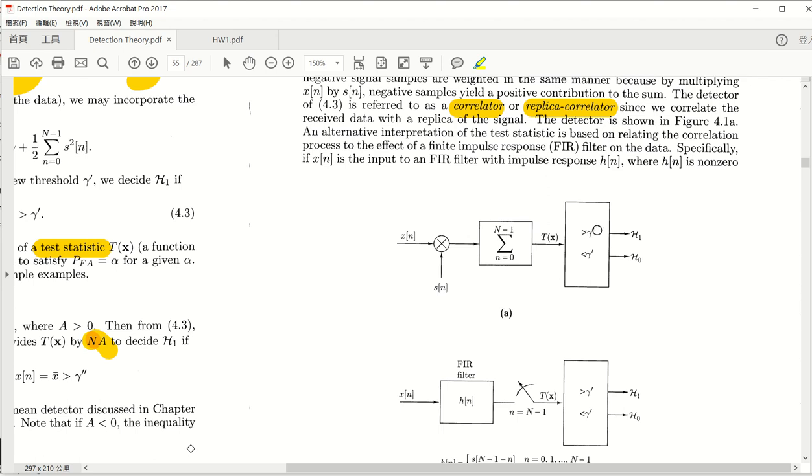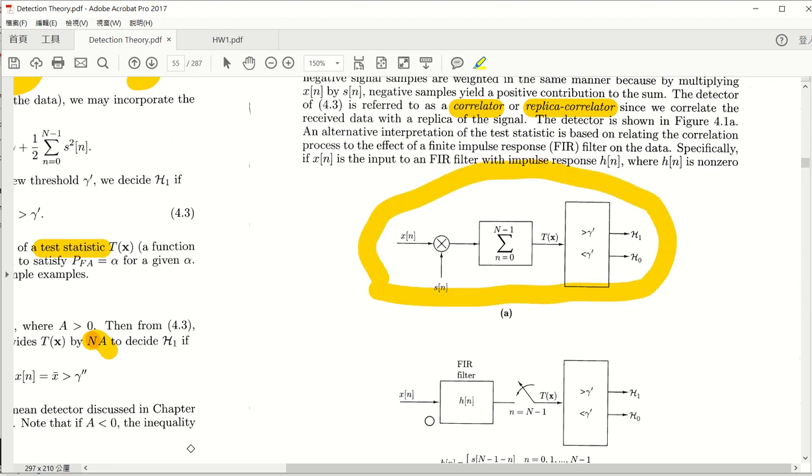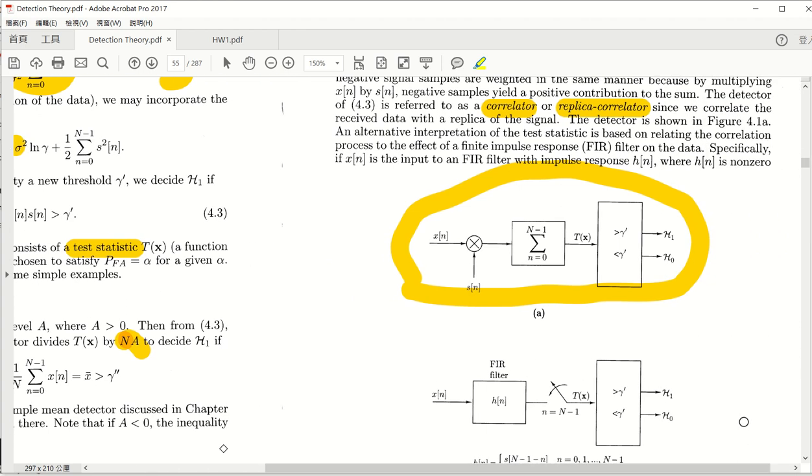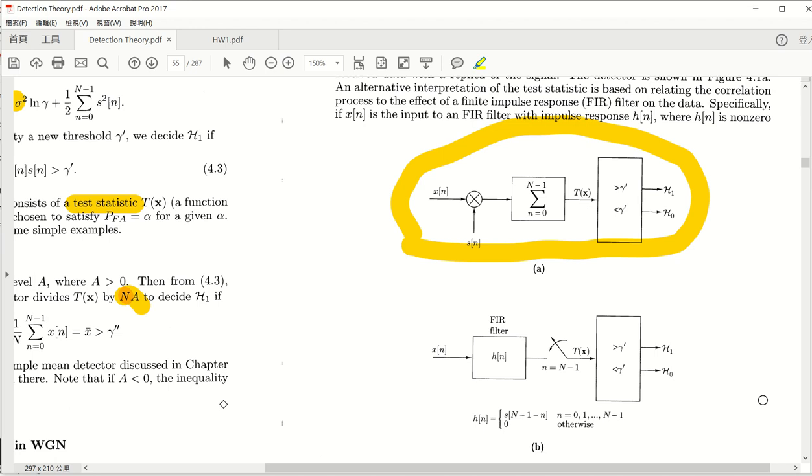If T is larger than gamma prime, we say H1; if it is smaller, we say H0. That's a very ordinary form, right? It just implements this function. Then the other thing is a bit abstract.